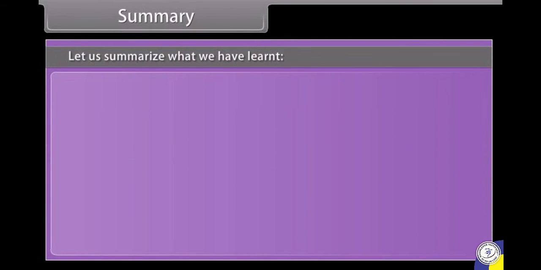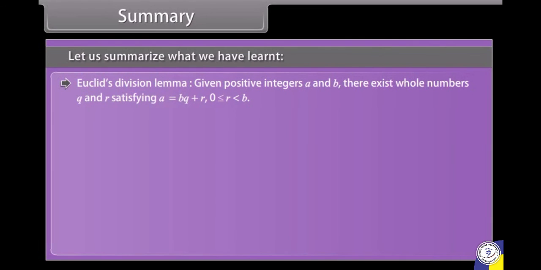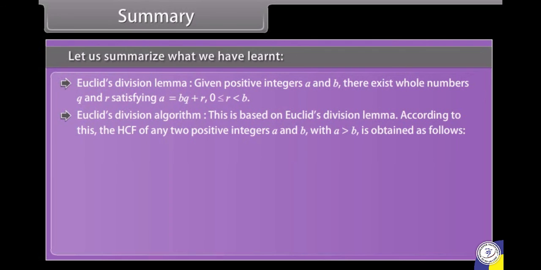Summary. Let us summarize what we have learned. Euclid's division lemma. Given positive integers a and b, there exist whole numbers q and r, satisfying a equals bq plus r, 0 is smaller than or equal to r, which is smaller than b. Euclid's division algorithm.